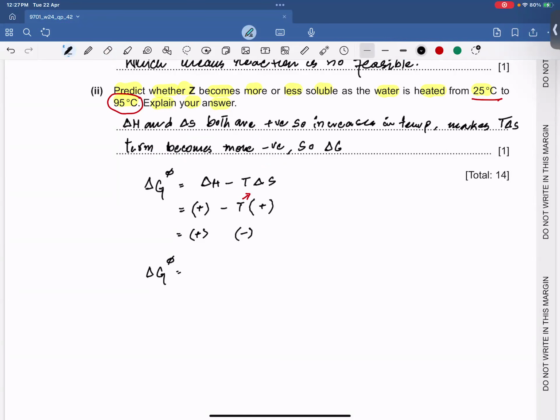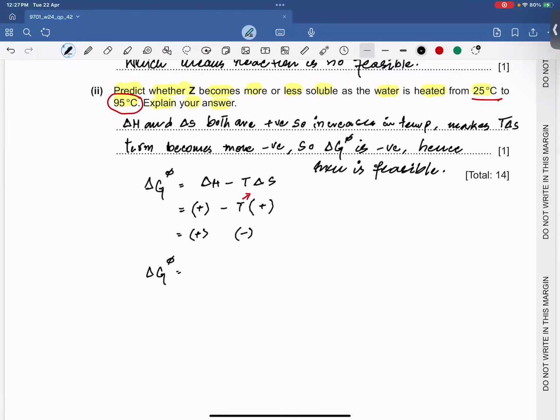So delta G naught is negative. Hence the reaction is feasible, or spontaneous.